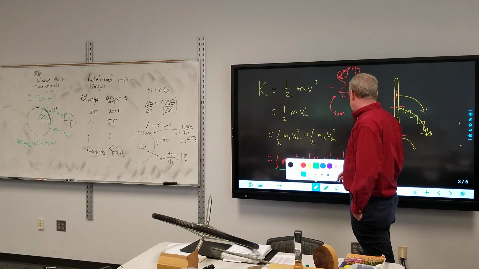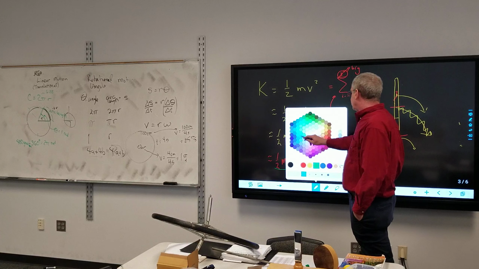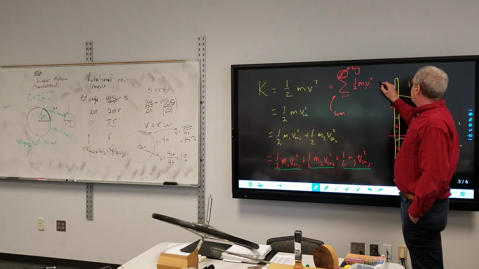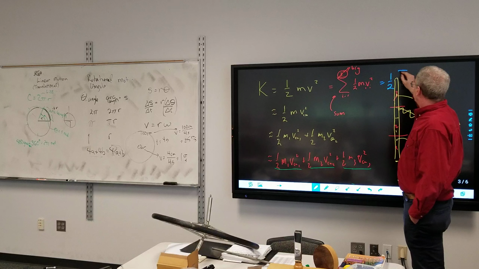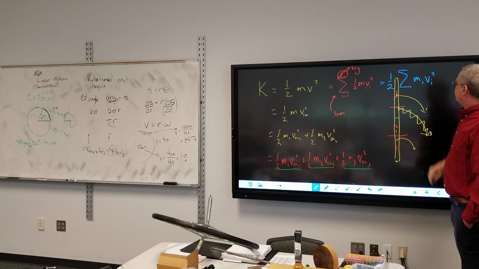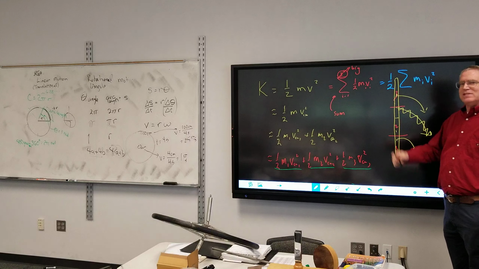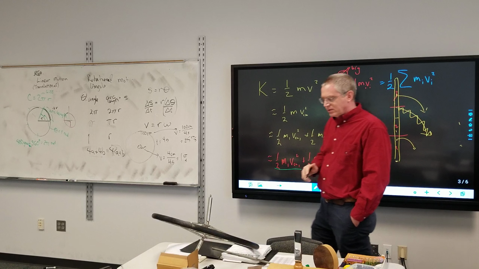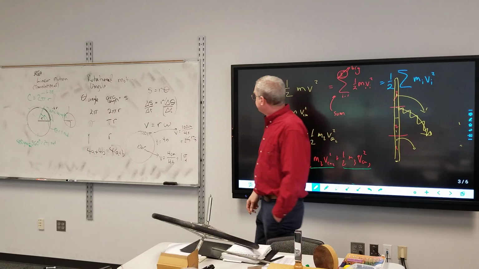So I get 1/2 times the sum of what I'm left with, m i v i squared. Doesn't this seem so much easier? Don't worry, it's going to look more complicated, but it actually makes life easier in a moment.